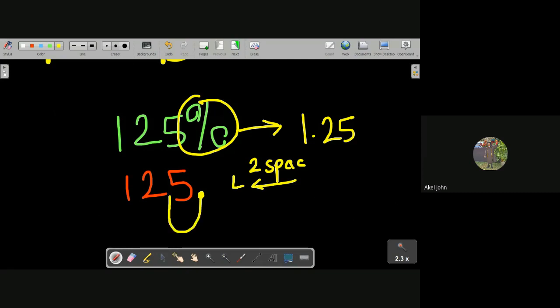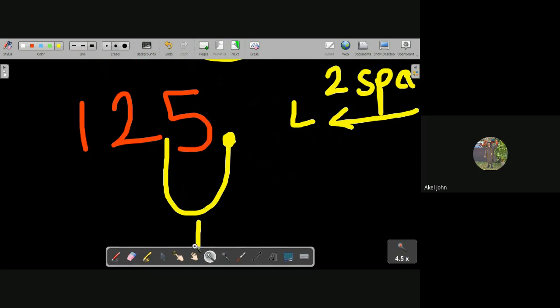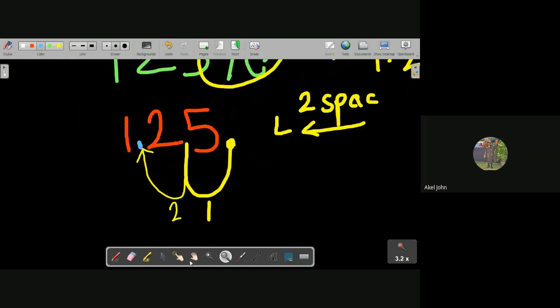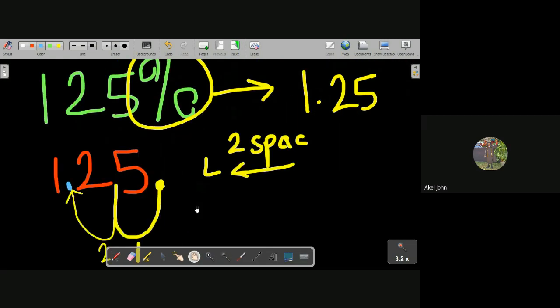So 1, that's 1. So that's 1, 2. Insert your decimal point right here. That's how I get 1.25 as a decimal.